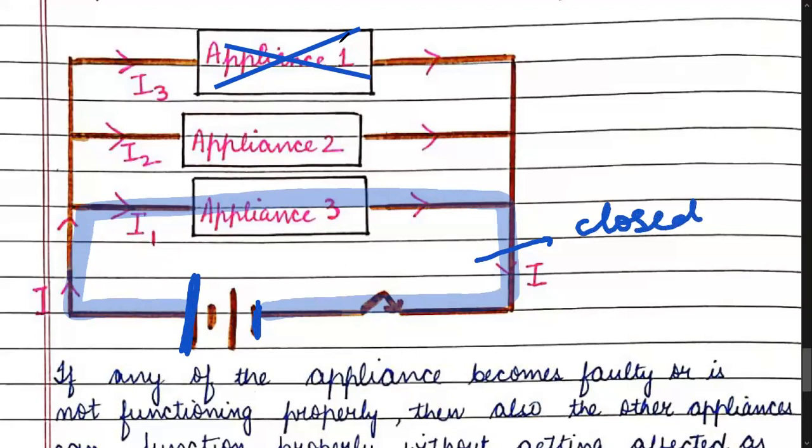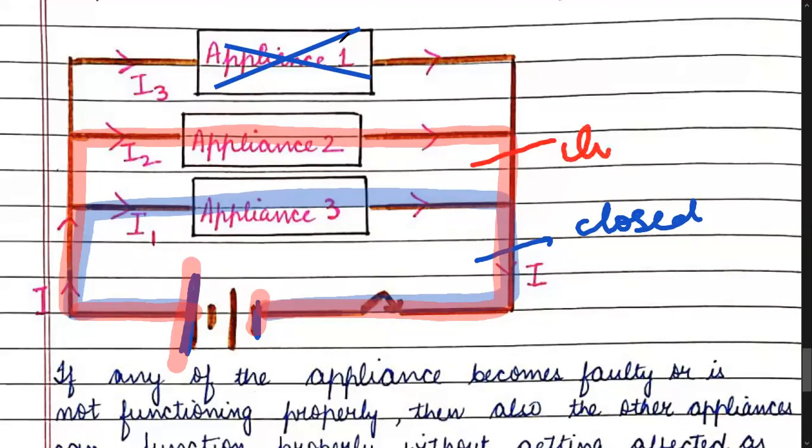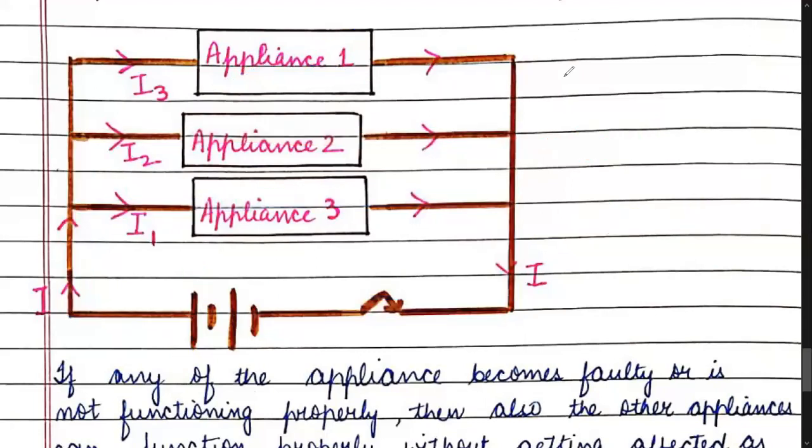Similarly, if we see appliance 2, it is also connected with the positive and negative end of the battery. So for the second appliance also, the circuit is closed. Only appliance 1 will not work, since for that the circuit is open. So what is happening here?